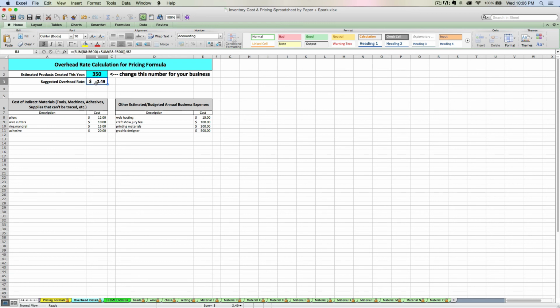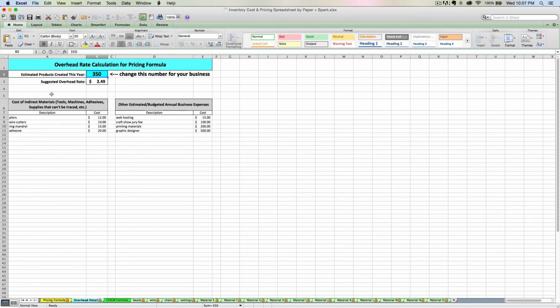Because now that gets us this overhead rate, this $2.49. That's going to go into the price of every product you make. That's why I think estimated products created per year is a good denominator to use for your overhead rate. You could also go with estimated products sold.